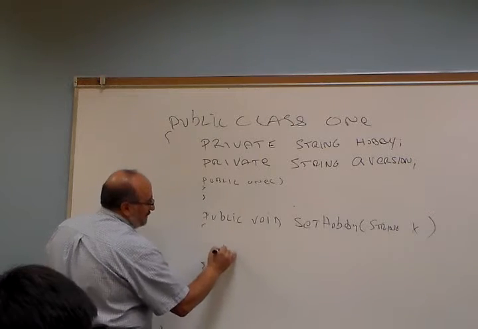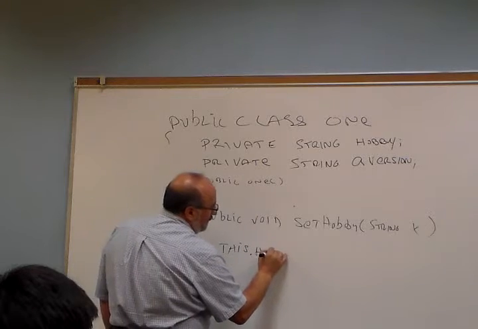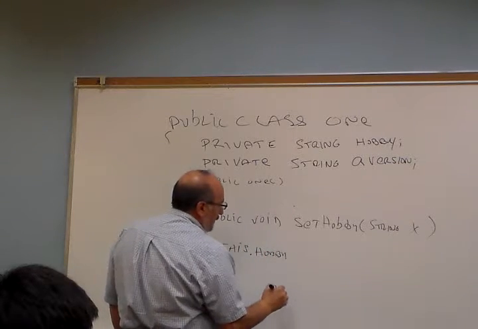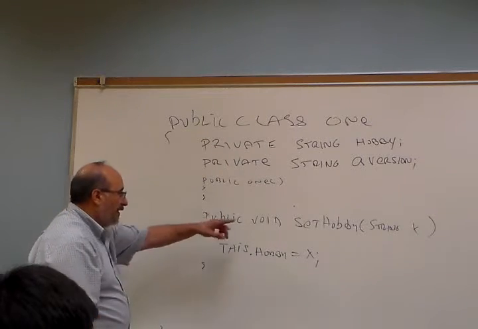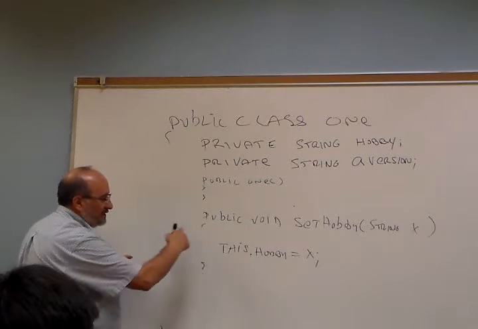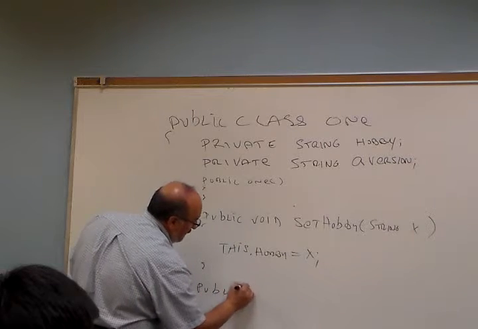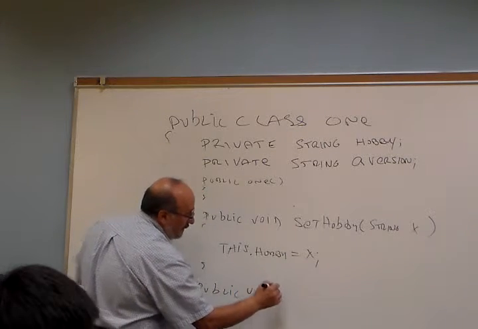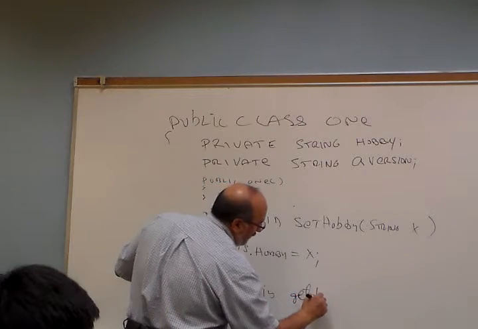So in this case, this guy called hobby is equal to this X, right? The same thing goes with the getter, but the getter is a little bit different, and is get, let's say hobby.